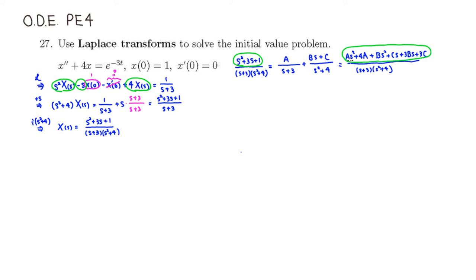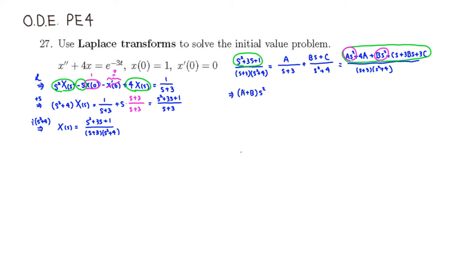So there's an s squared term. Here's one, and here's another one. So I'm going to get a plus b, times s squared.